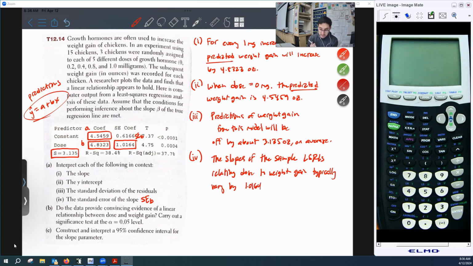And now the units, because this is a slope, the units are ounces per milligram. Right? Ounces is the units of the y variable, and milligrams are the units of the x variable.